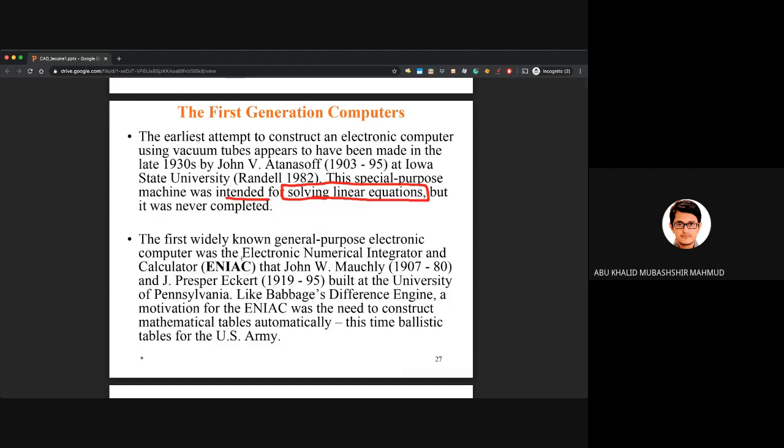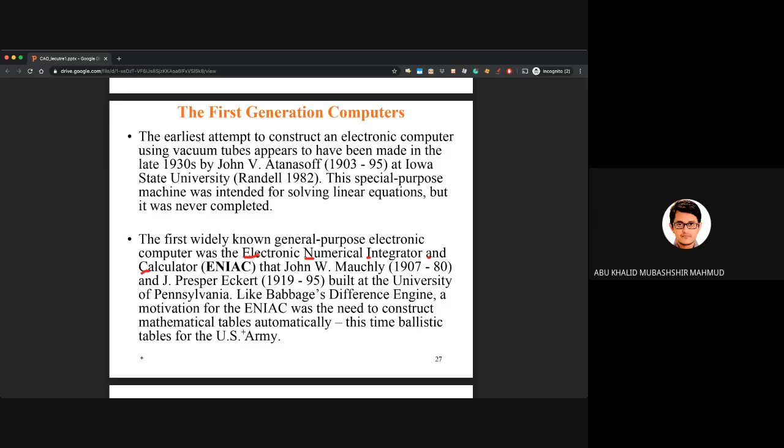Now comes the ENIAC computer. ENIAC stands for Electronic Numerical Integrator and Calculator.